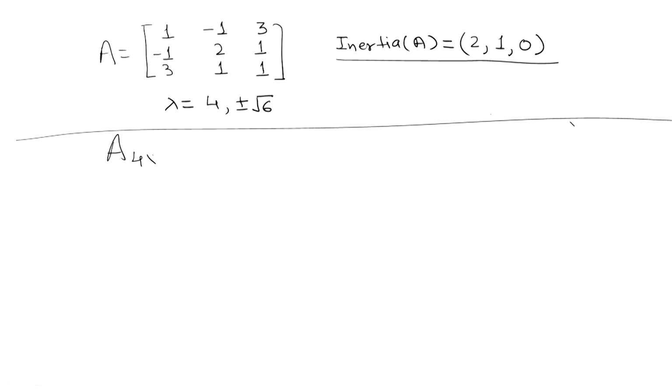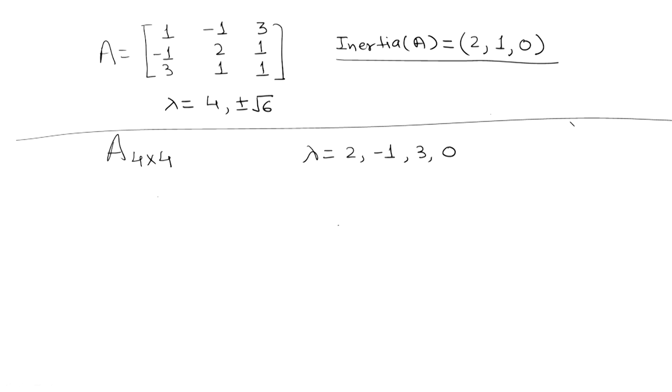For example, suppose you have a 4 by 4 real symmetric matrix A with eigenvalues 2, minus 1, 3 and 0.